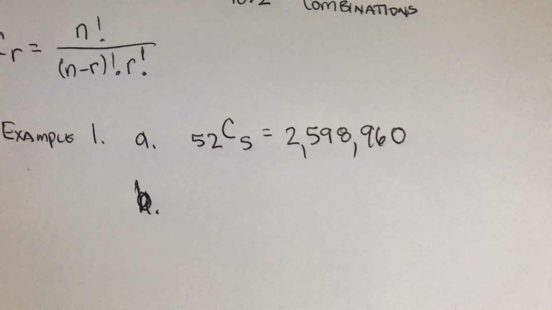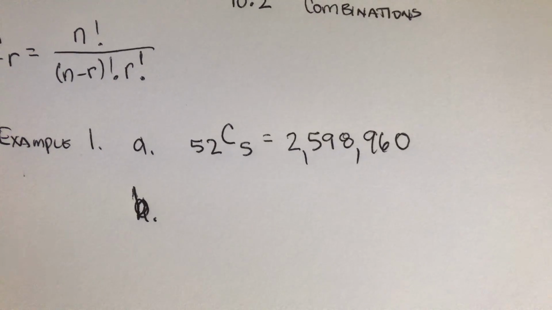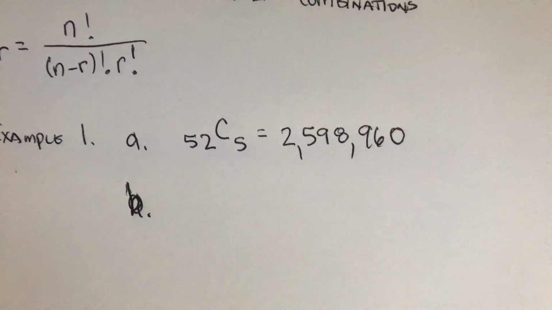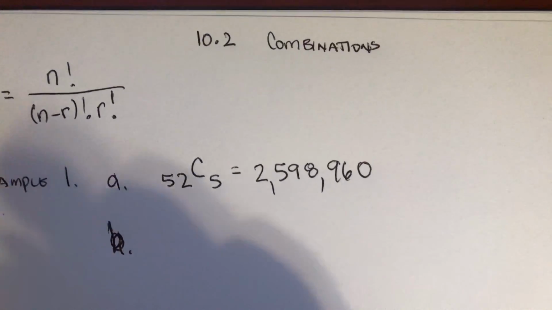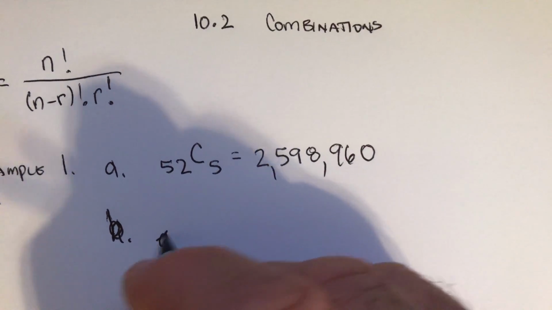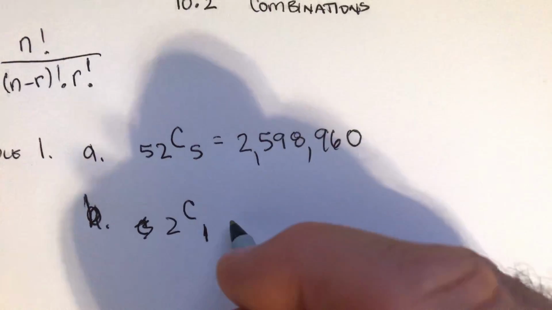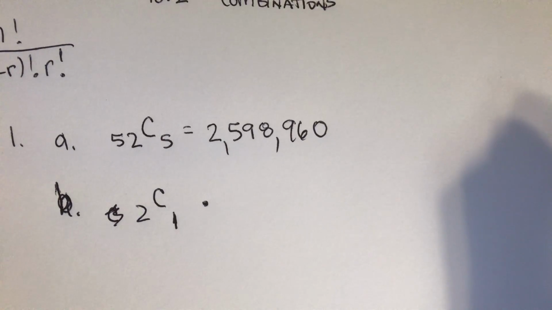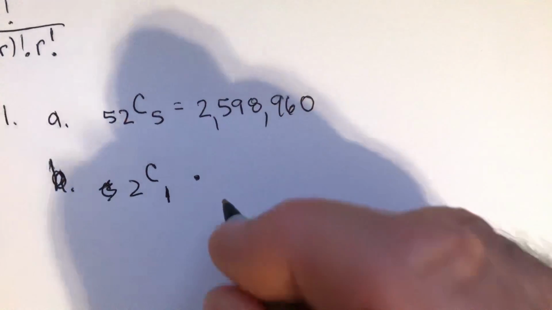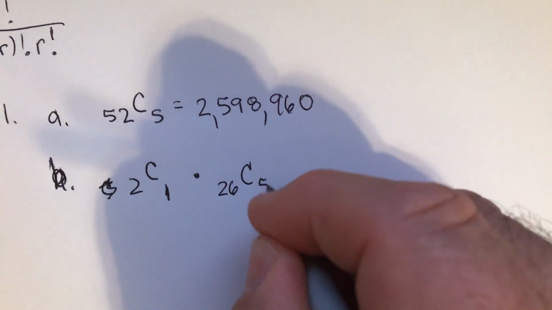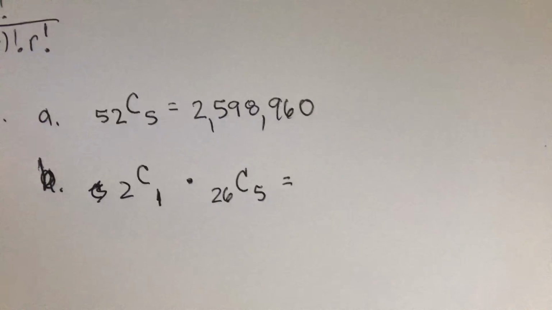Now for this to take place, I have to think about it in terms of the counting principle. First of all, I have one of two colors that I can choose from. And then, of my two colors, there are 26 in each color, and I'm choosing 5 of those cards. See how that works?